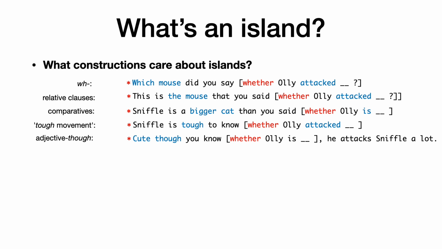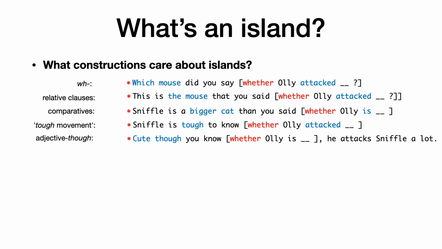So here again, we understand that what we're saying is Ollie is a big cat and Sniffle is a big cat, and the degree to which Sniffle is a big cat is greater than the degree to which Ollie is a big cat. But we can't have the sentence have that meaning if bigger cat and that gap after the word crosses the word whether. We also see tough movement, which is again also a very kind of exotic phenomena that we have in English.